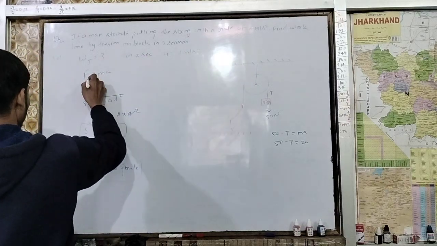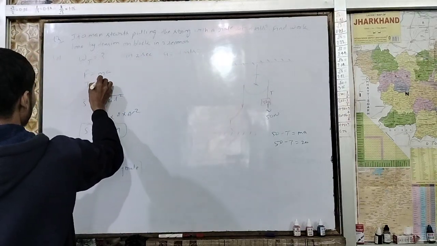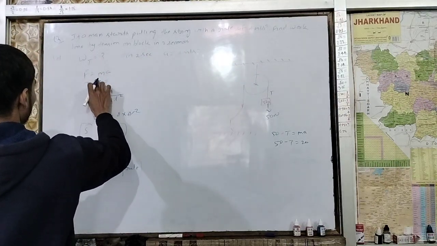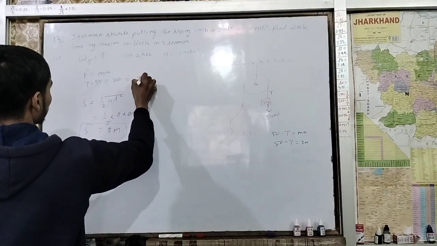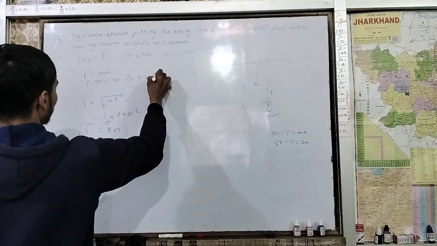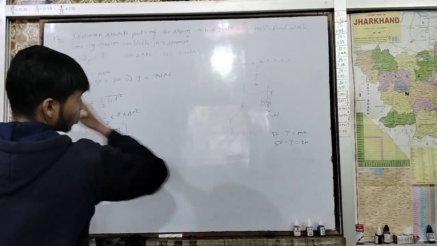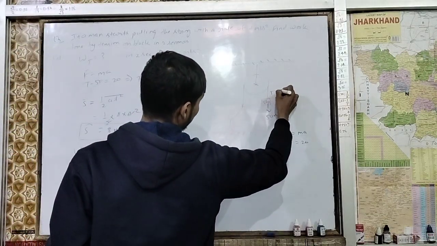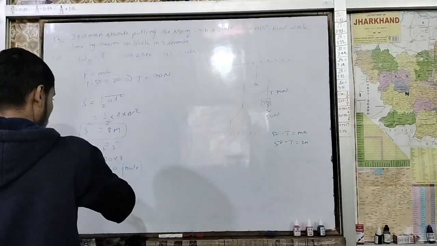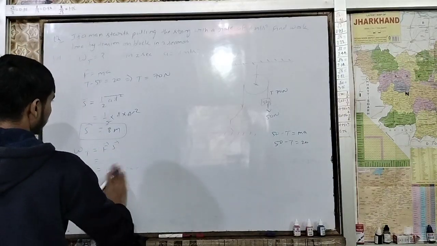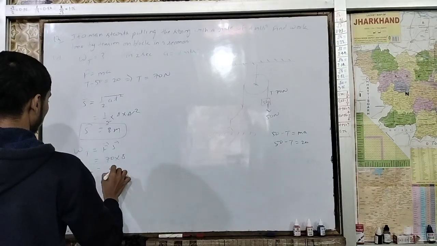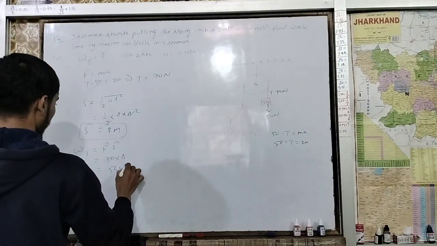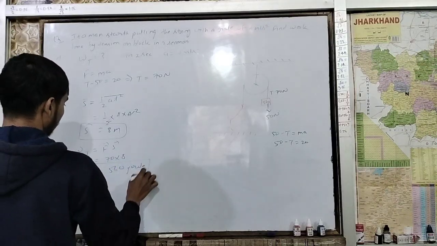Let's say the direction is upward: T minus 50 is equal to Ma, which is 20. So tension over here is 70 Newton. So finally our answer would be 70 multiplied by 8, which is 560 joule. 560 joule is our work done by tension.